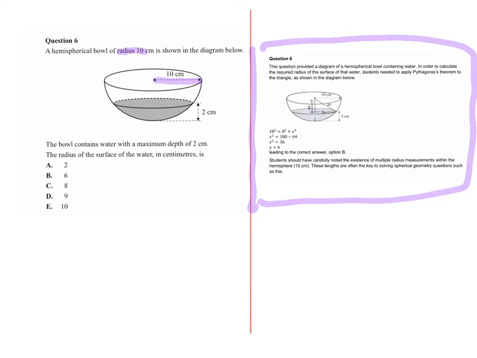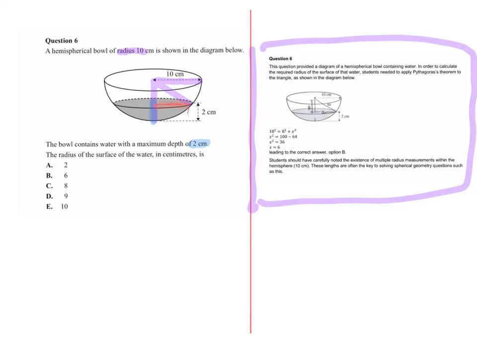But remember also, here out to here is 10 centimetres, and also there to the bottom would be 10 centimetres. So when they say the bowl contains 2 centimetres depth of water, from there to there is 2. Now find the radius of the surface of the water. So our question is that one in there.